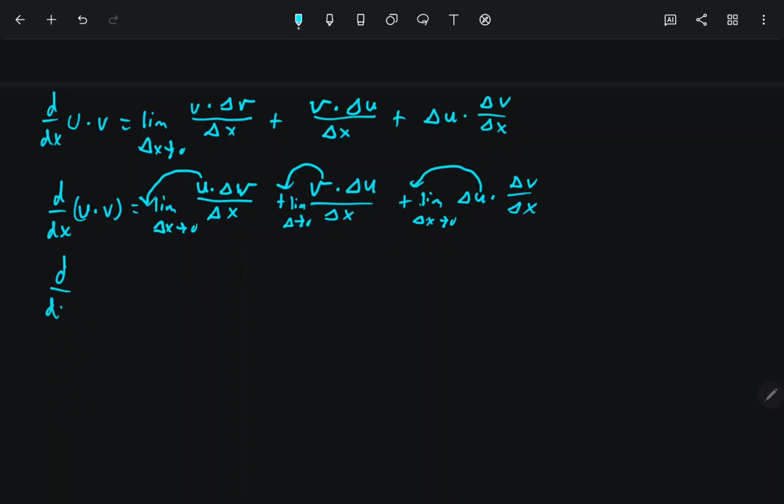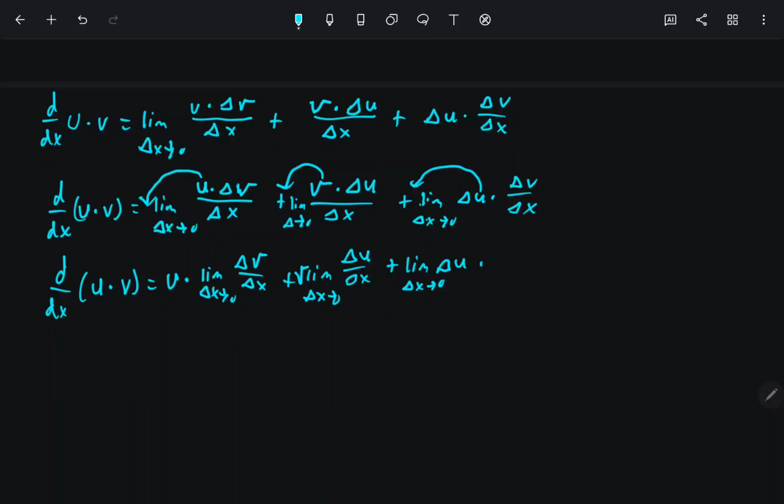So d over dx of u times v is equal to u times the limit as change in x approaches 0 of change in v over change in x, plus v times the limit as change in x approaches 0 of change in u over change in x, plus the limit as change in x approaches 0 of the change of u times the limit as change in x approaches 0 of change of v over the change in x.